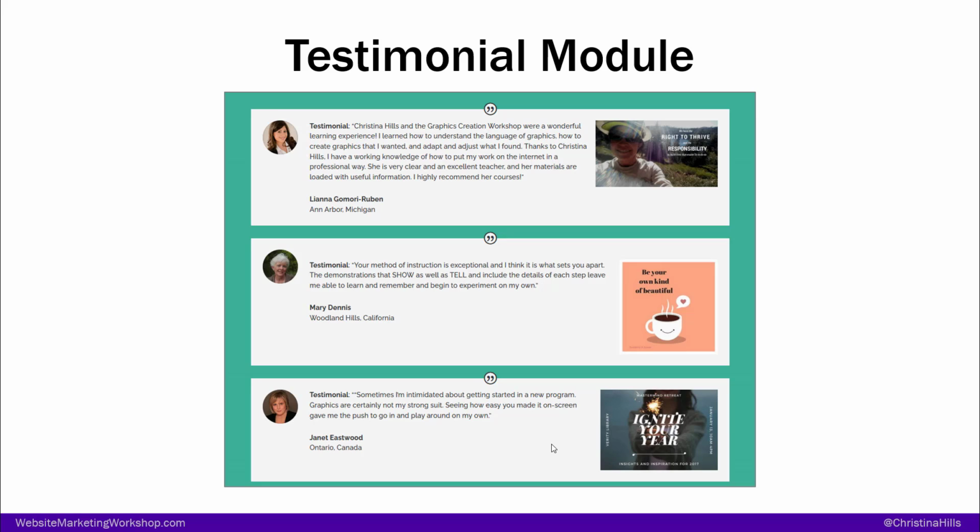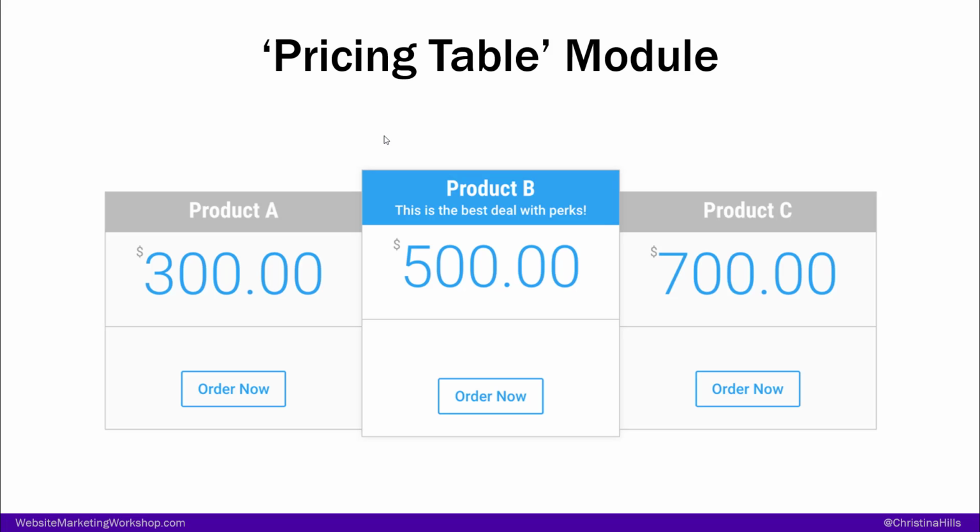Then there's a testimonial module. So what that does is it gives you this nice formatting where you can have an image, a text, a picture of a person, and Divi actually makes it a circle so you don't have to bother to go make circles. This is called a testimonial module. Then there's a pricing table. I don't know if you know this term, pricing table.